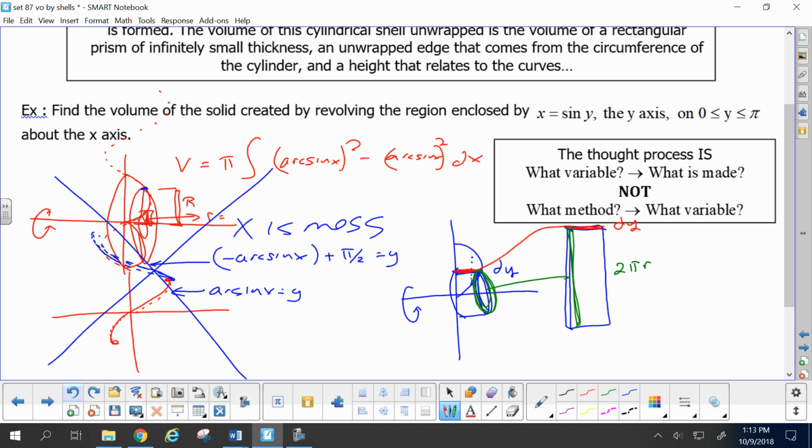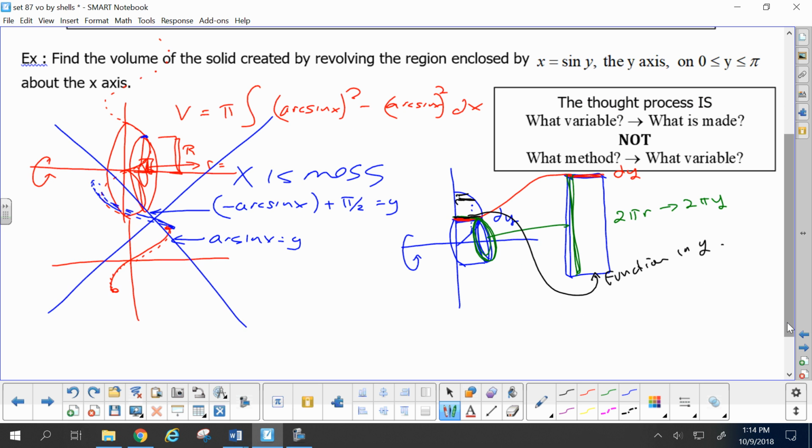And will that radius be x or y? y. And this distance here, or here, or here, that's going to be the bottom part of the rectangle, and that's the function in x terms or in y terms? In y terms.